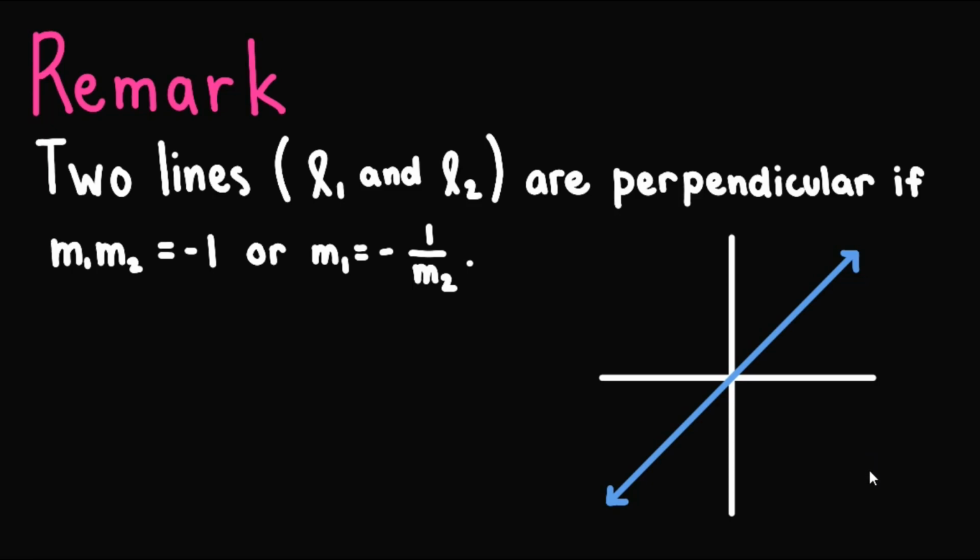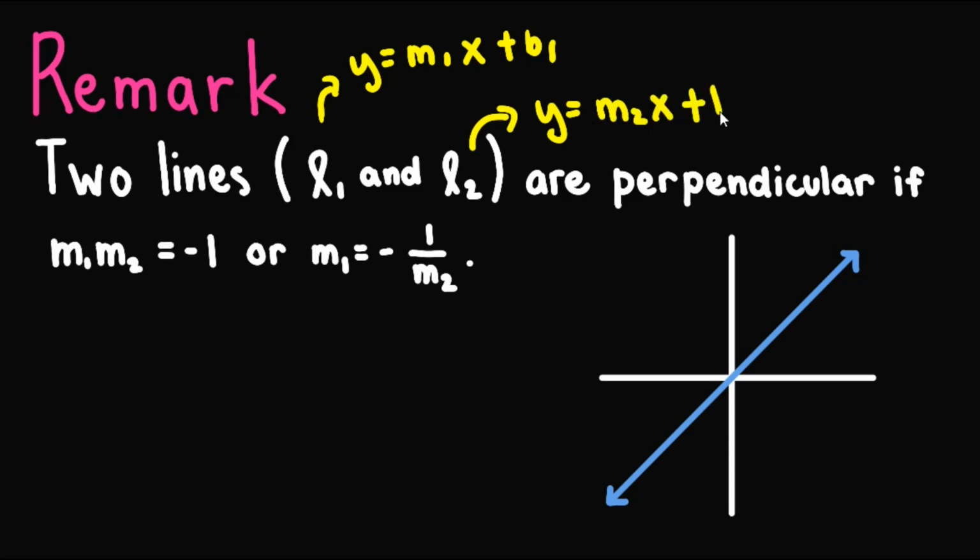We say that two lines, say L1, given by y equals m1 x plus b1, and L2, say y equals m2 x plus b2, which I just wrote in their slope-intercept form, are perpendicular if their product is equal to -1, or m1 is equal to -1/m2, or basically the slope of one of the lines is the negative reciprocal of the slope of the other.